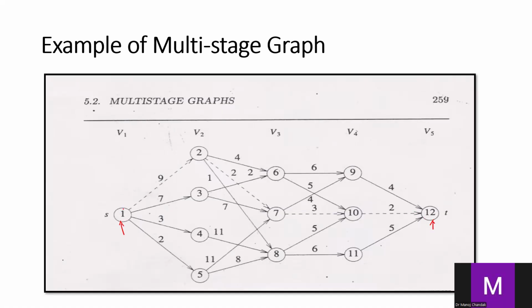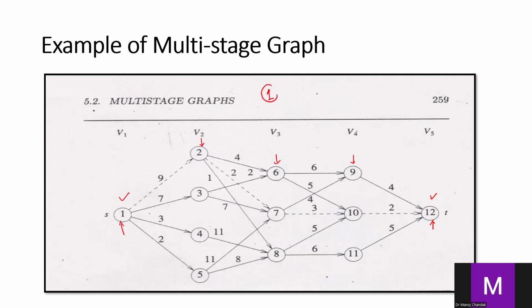And the objective is to find out the shortest path between source and destination, which will cover one vertex of each stage. So there are 5 stages.